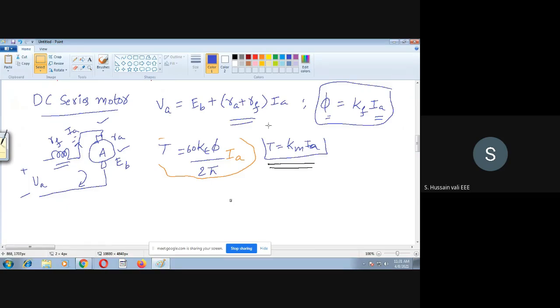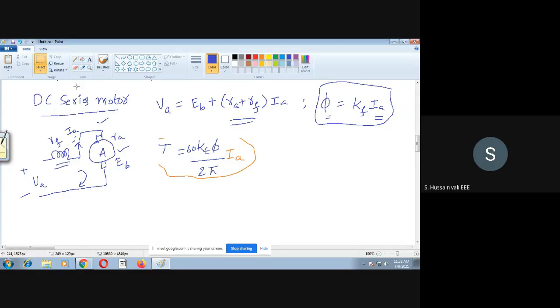Now what you must understand is that the equation we got earlier, T is equal to Km into Ia, is the equation when you consider flux is constant. But in the case of the DC series motor it is not correct, so we will delete this equation. We don't want this equation. Then what is left is T is equal to 60 Kt phi by 2 pi.